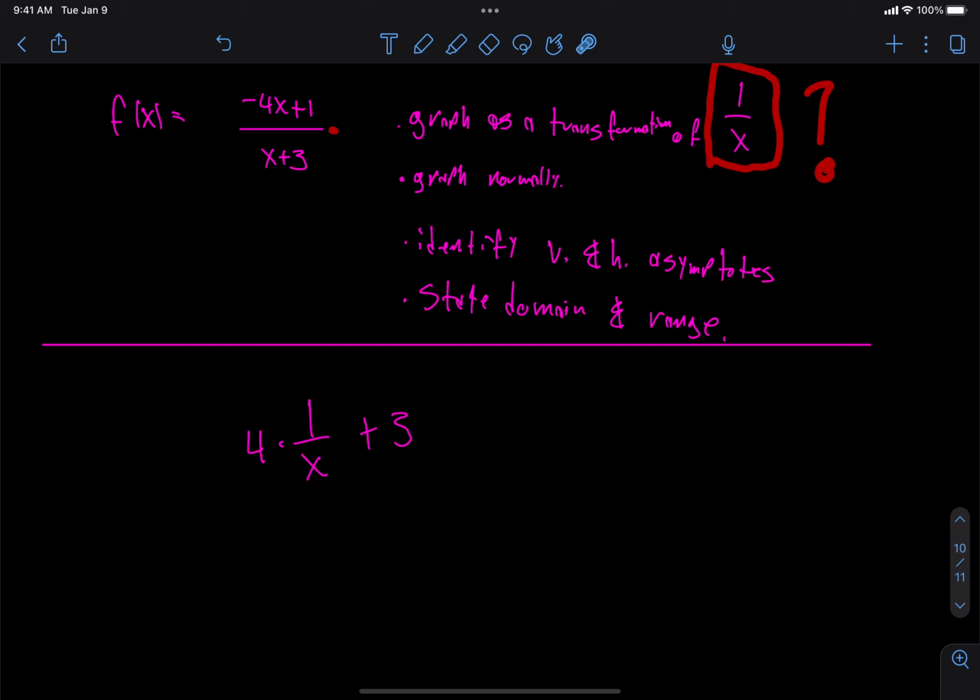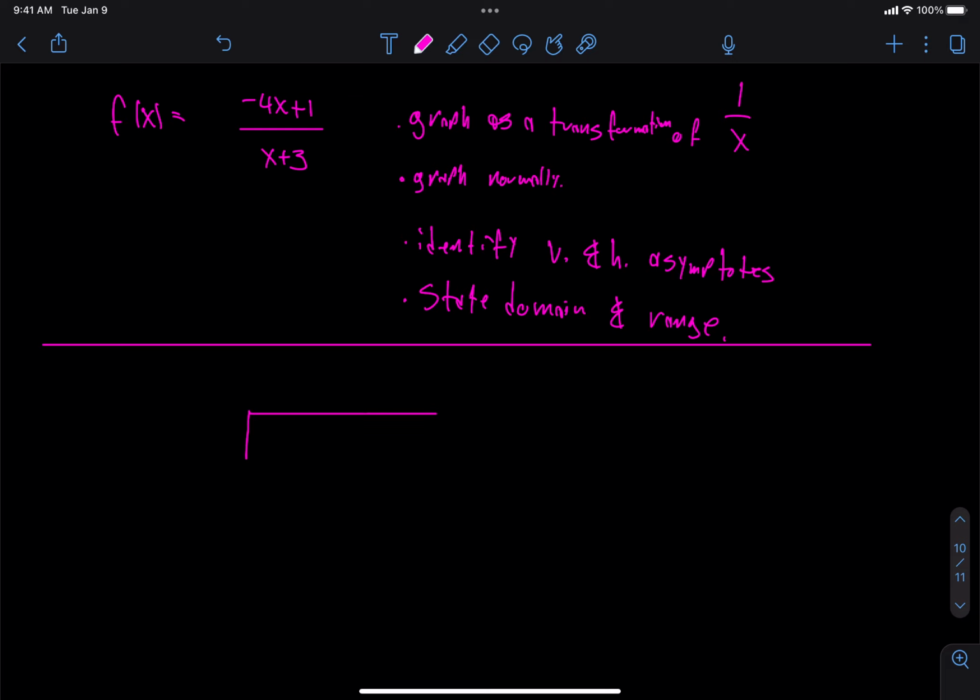Yeah, you can do long division, right? Actually, it's going to be pretty short. What goes on the inside? The numerator, negative 4x plus 1. And on the outside, we put x plus 3. And so what is going to go right here? Negative 4.